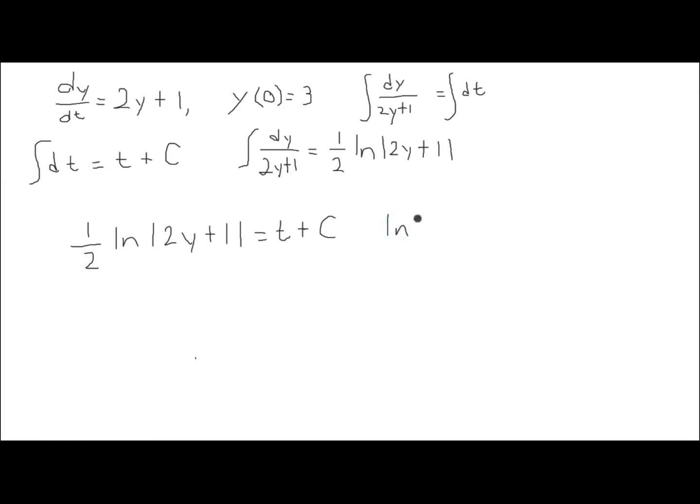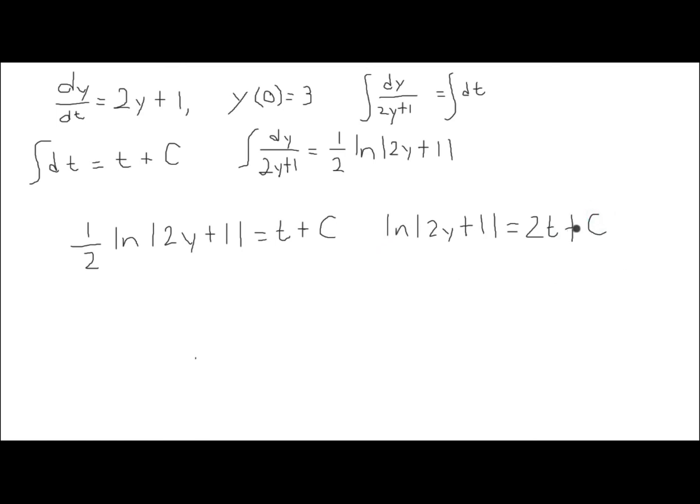So we multiply by 2, so the natural log of 2y plus 1 equals 2t, and since 2 times c still gives us a coefficient, we can just say that's 2t plus c.